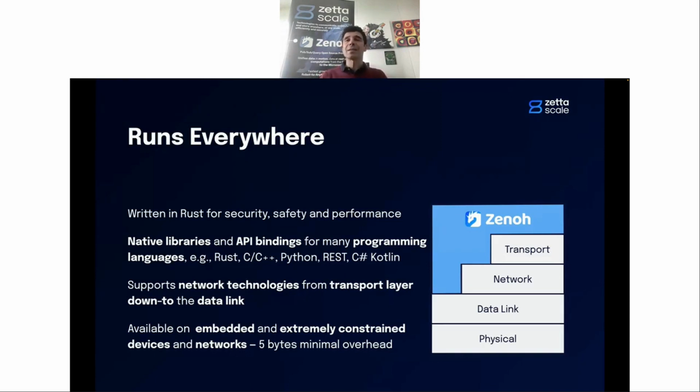You can do anything in Zenoh with REST, and Julian will demonstrate quite a few demos of that. As I mentioned before, it is available on embedded and extremely constrained devices and networks, and our minimal wire overhead is 5 bytes.